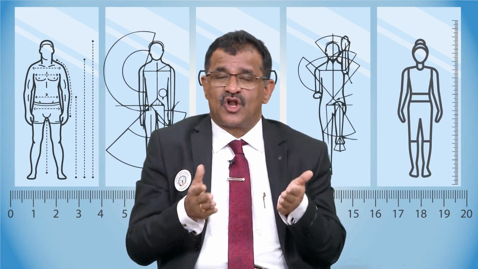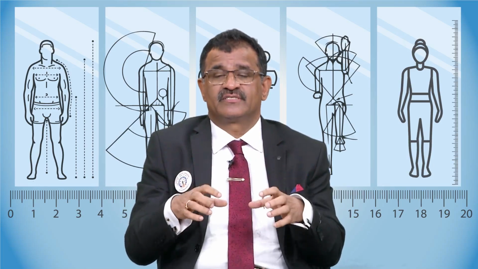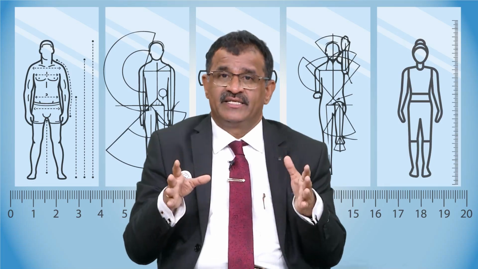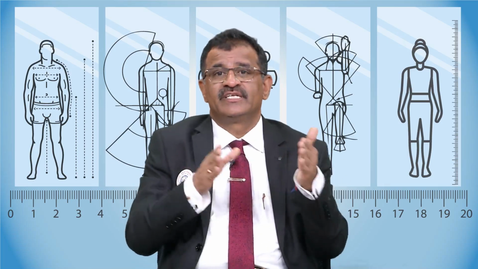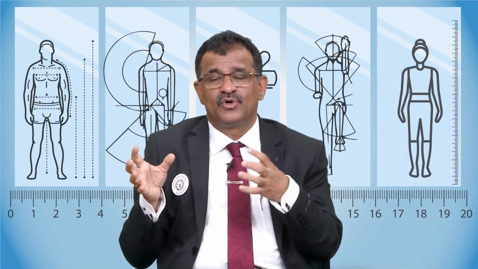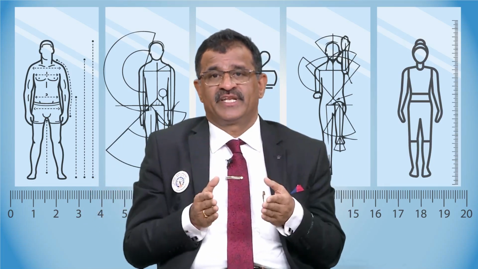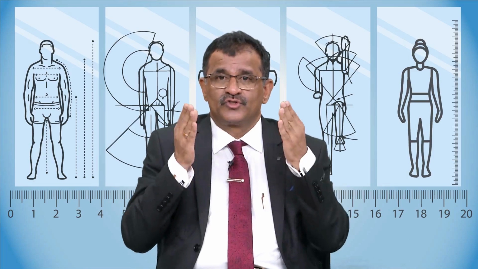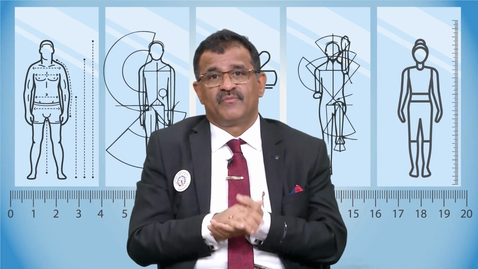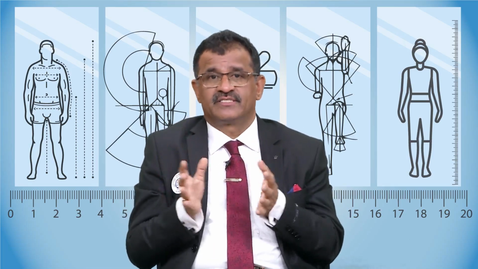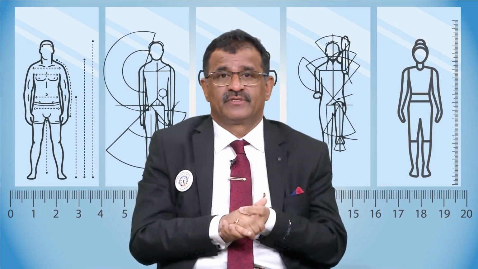So, anthropometric measurements are not only for our usage, as I said earlier, they are also used in industries and companies through ergonomics, and this anthropometric data is also used by government for making different policies and programs.